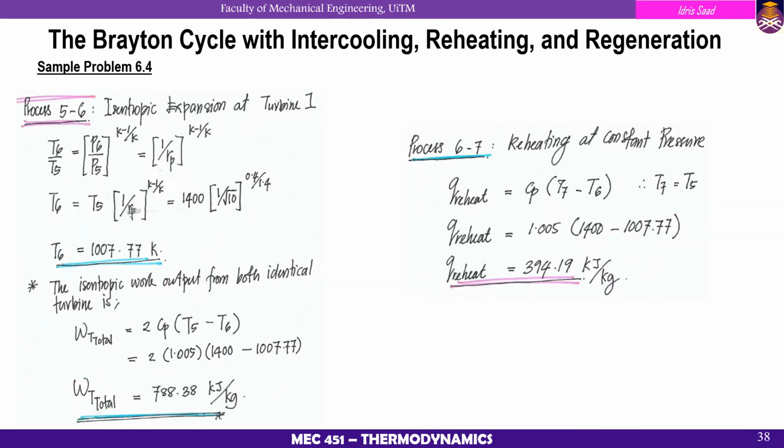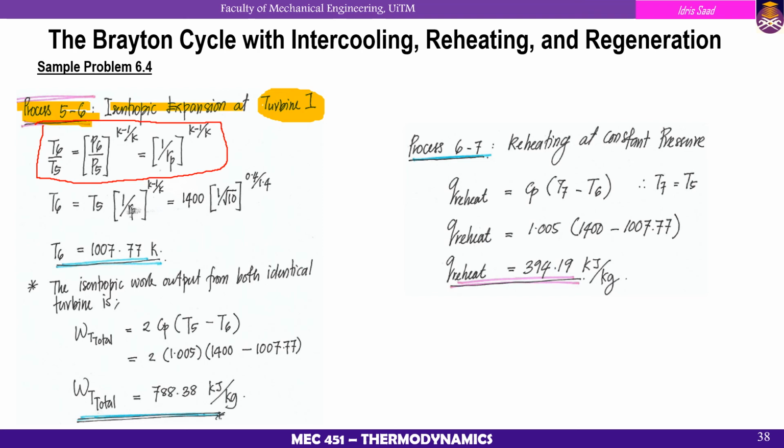Next we proceed with process 5 to 6, which is isentropic expansion at turbine number 1. We have to calculate isentropic expansion one by one; we cannot calculate it as overall, so at turbine number 1 only. Similarly, we use the isentropic relationship between the pressure ratio and the temperature.